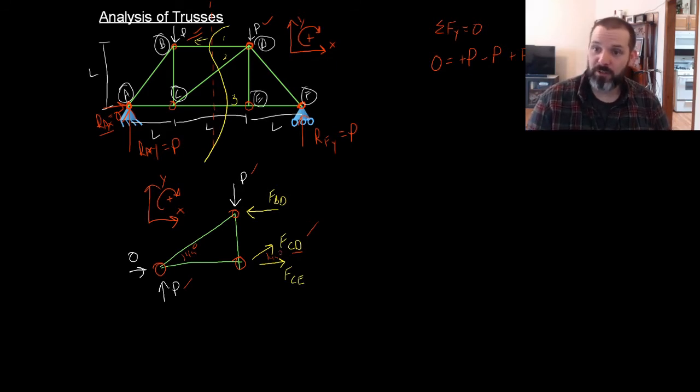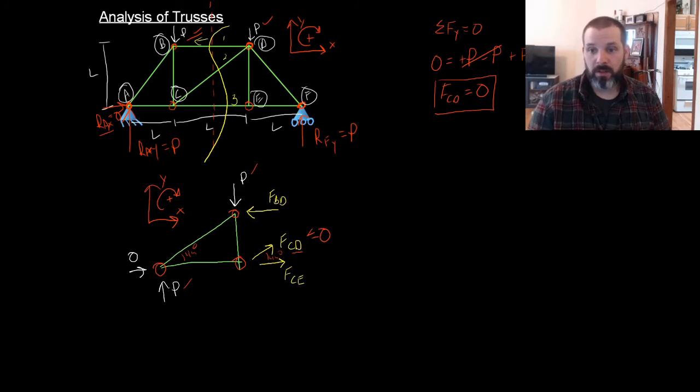If I look and solve this, I have a positive P and a negative P, and they cancel out. So what I find is that FCD is equal to 0. So that helped me out a bunch. I applied my force in the y.